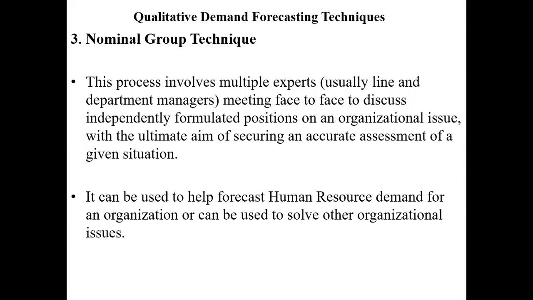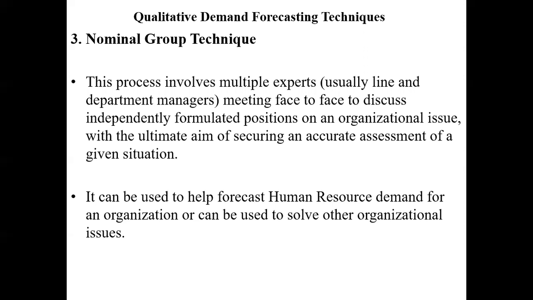But unlike the Delphi technique where the experts start by working separately, in the nominal group technique, usually the experts, including line and departmental managers, are put together in a room face to face to discuss, argue, brainstorm, and independently formulate positions on organizational issues with the ultimate aim of securing an accurate assessment of a given situation.